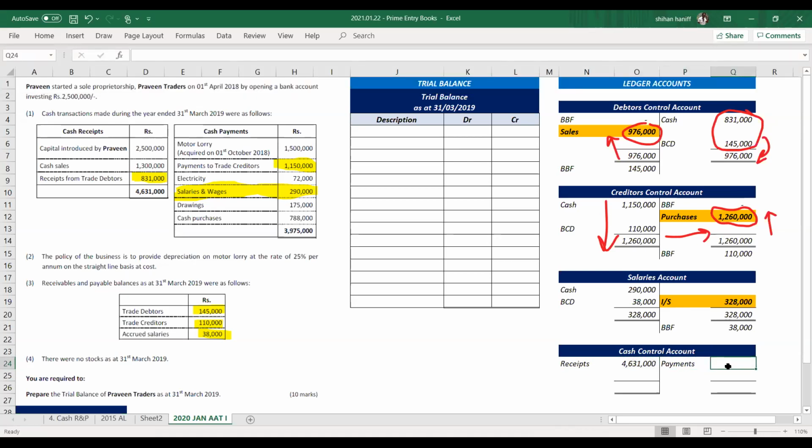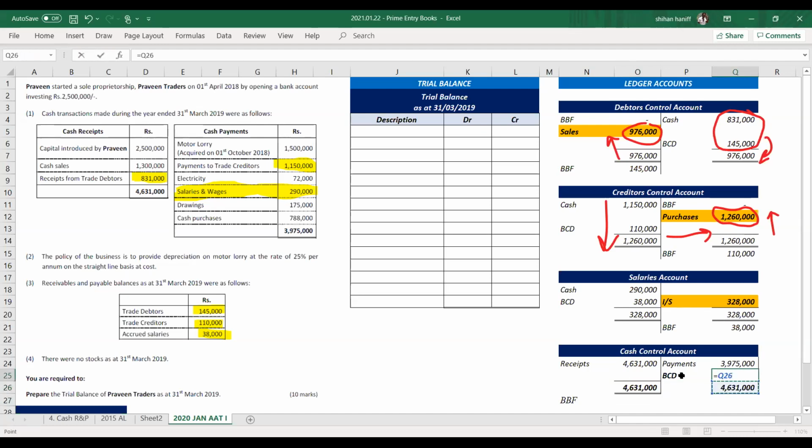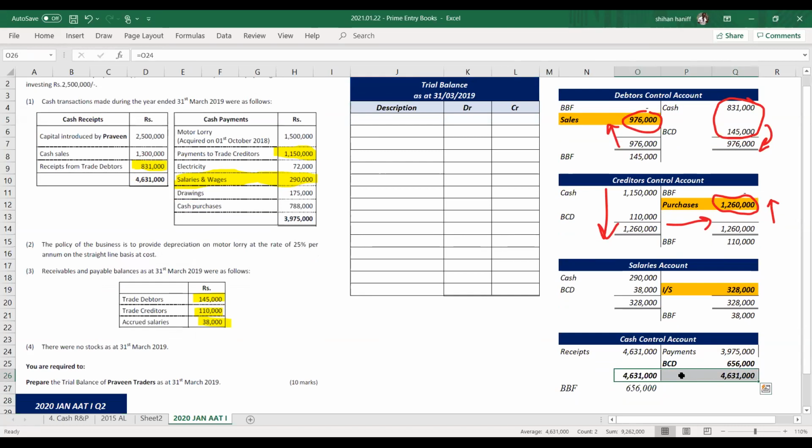You just need a summary account 3975, just to calculate the closing balance.